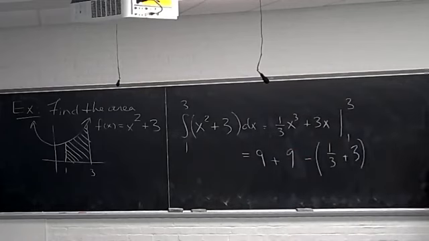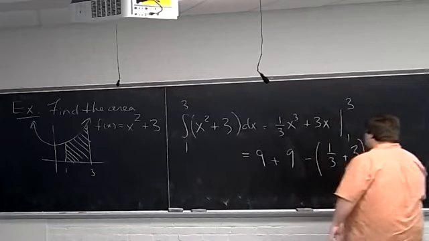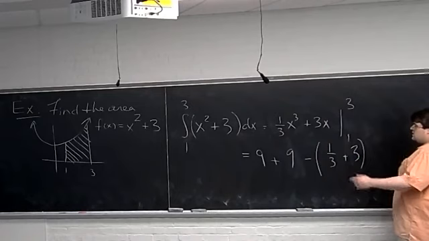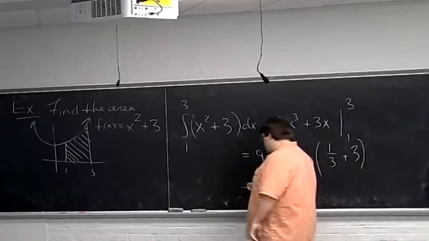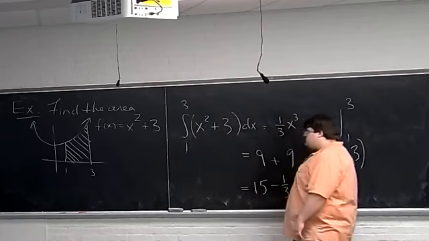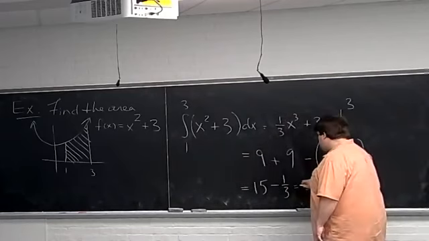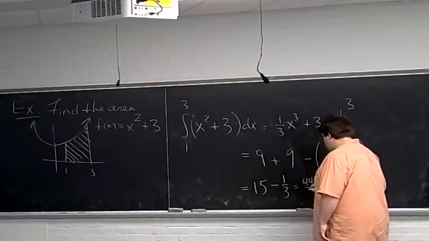There we go, that looks better. 9 plus 9 is 18. 18 minus 3 is 15. 15, we didn't do the 1/3 yet. 15 minus 1/3 is 44/3.